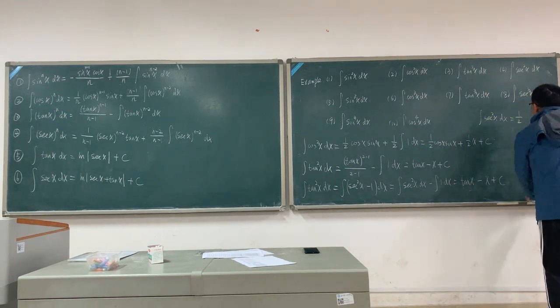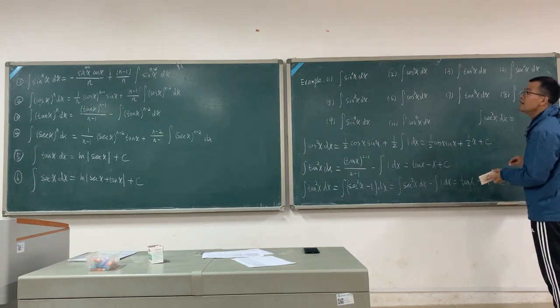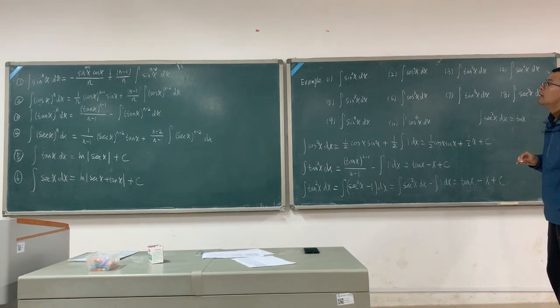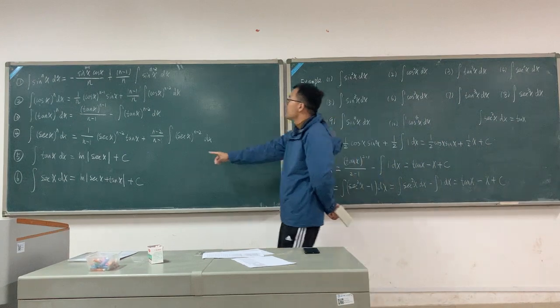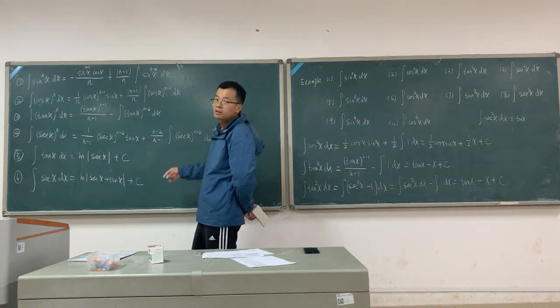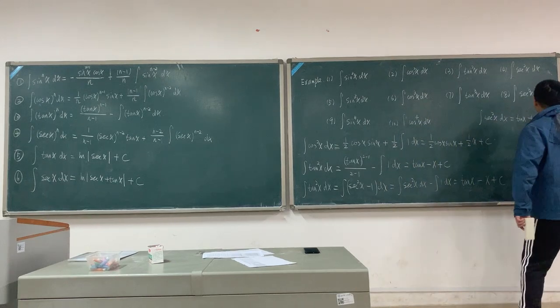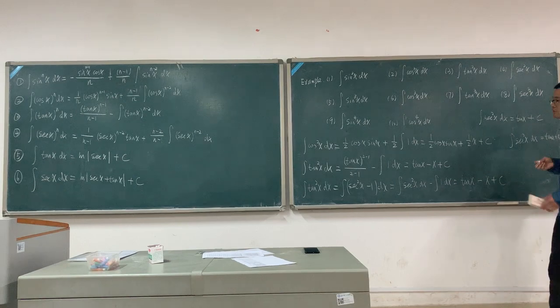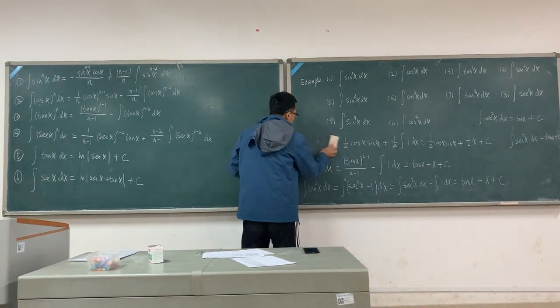So here is tangent x, and plus here 2 minus 2, so this term is 0. So here plus the constant. So we can use this formula, okay? Actually, we know that for secant x squared, the function whose derivative equals secant square is tangent. So this equals tangent x plus c, okay? So this is number 4. And the number 5. So number 5 is what?